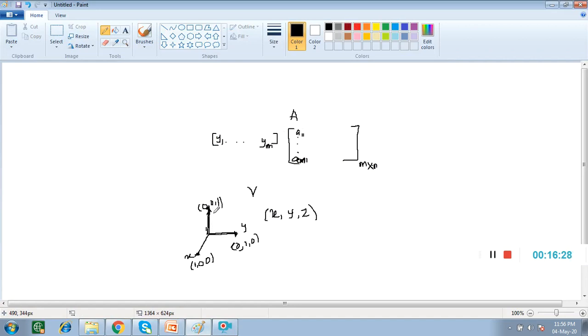Now this one is our V and this is W, and V and W are normal to each other, they are orthogonal, but they are not complements of each other.